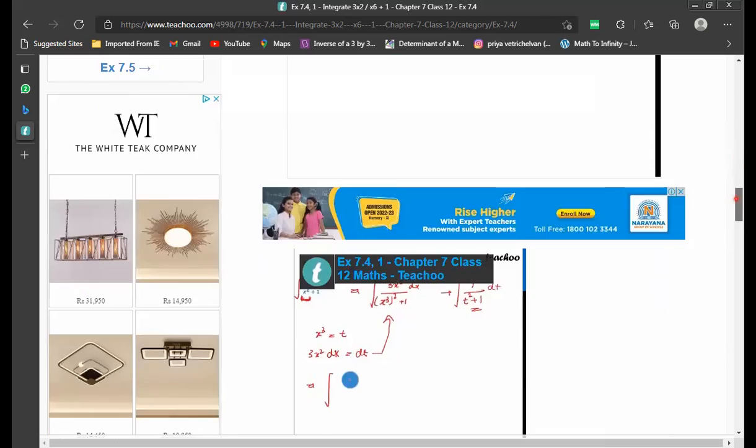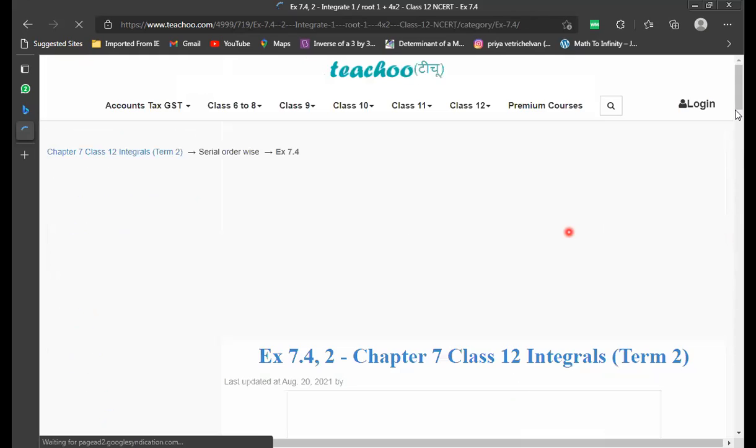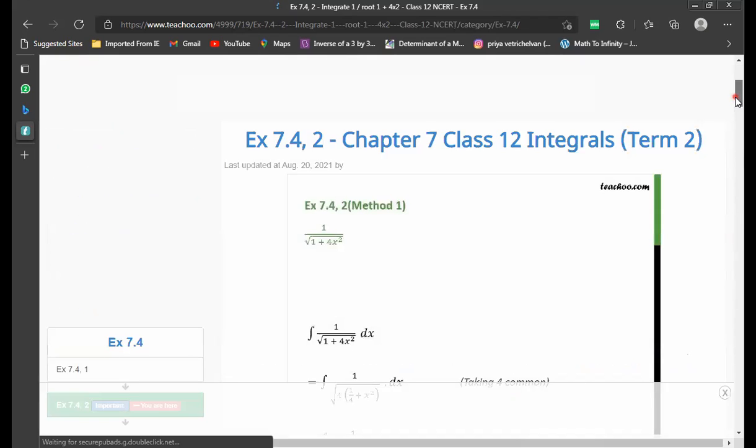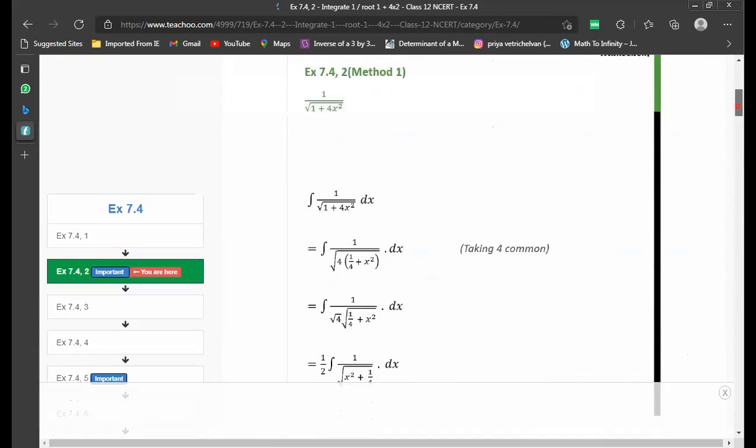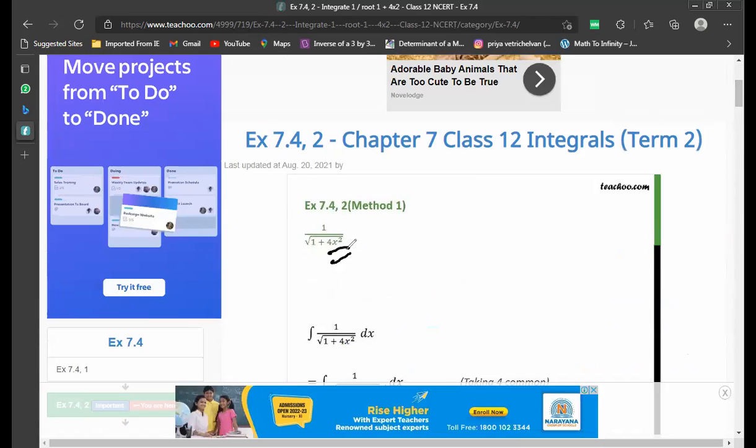Got it? Okay. Next, 1 upon square root of 1 plus 4x square. So now, you just see whether you have any coefficient with x square. Take that coefficient outside. Here you are integrating with respect to x, so the coefficient of x square should be taken outside.